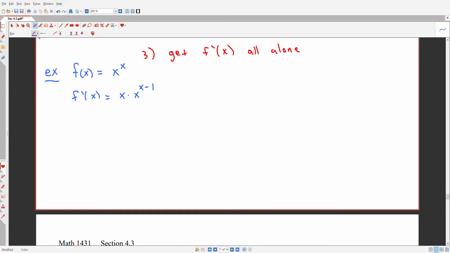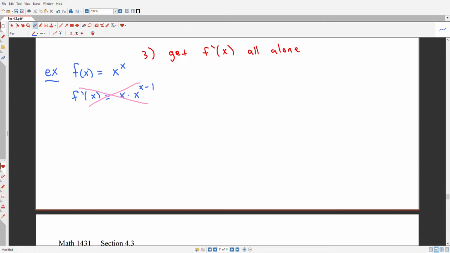But that's wrong, or at least we don't know that we can use the power rule for this function. The power rule works when we have the variable as a base and a constant as the exponent. And so in this function you have a variable base and a variable exponent, so you can't use the power rule.